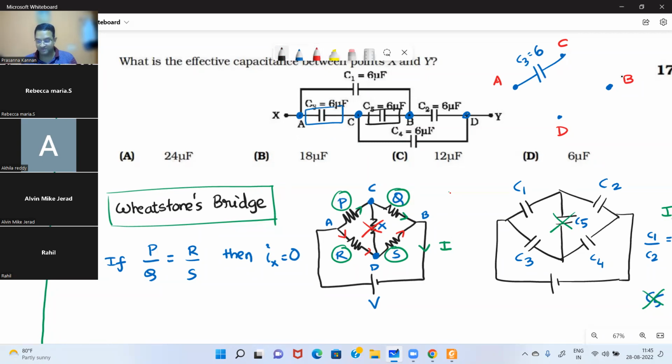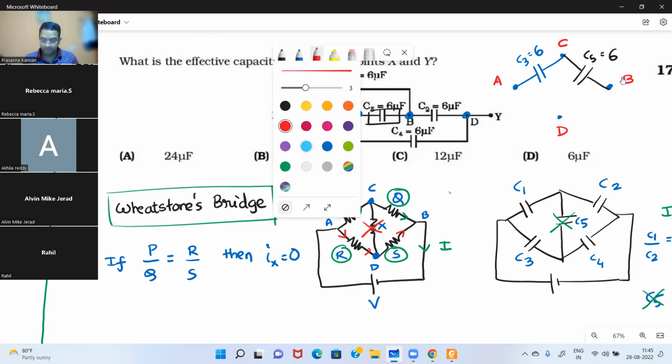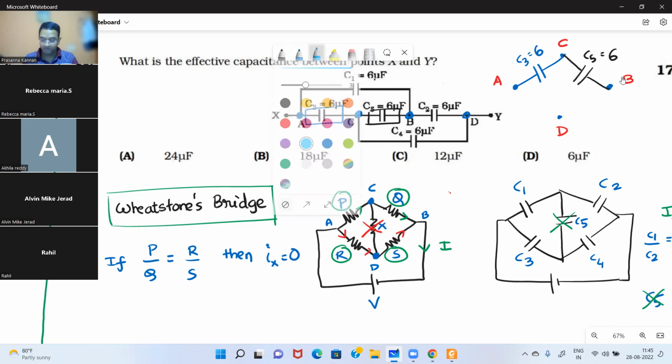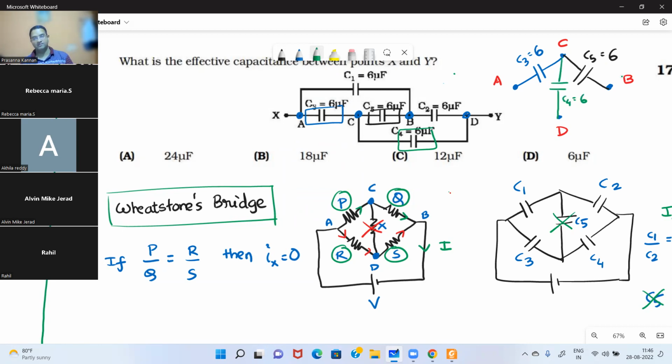That is also 6 microfarad, C5. Now I'm going to draw a capacitor between C and D, which is 6 microfarad, C4.